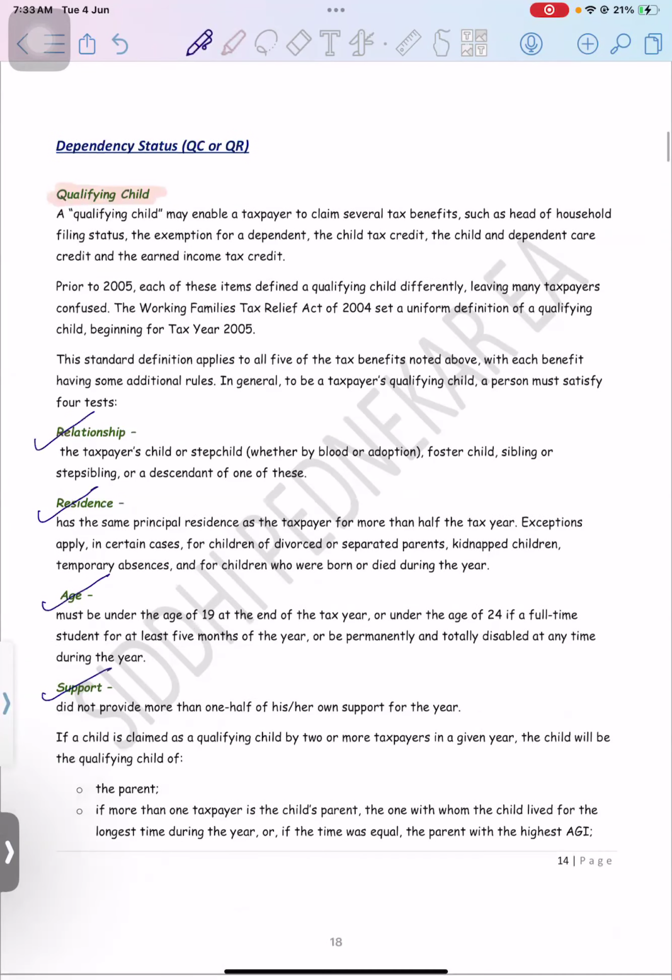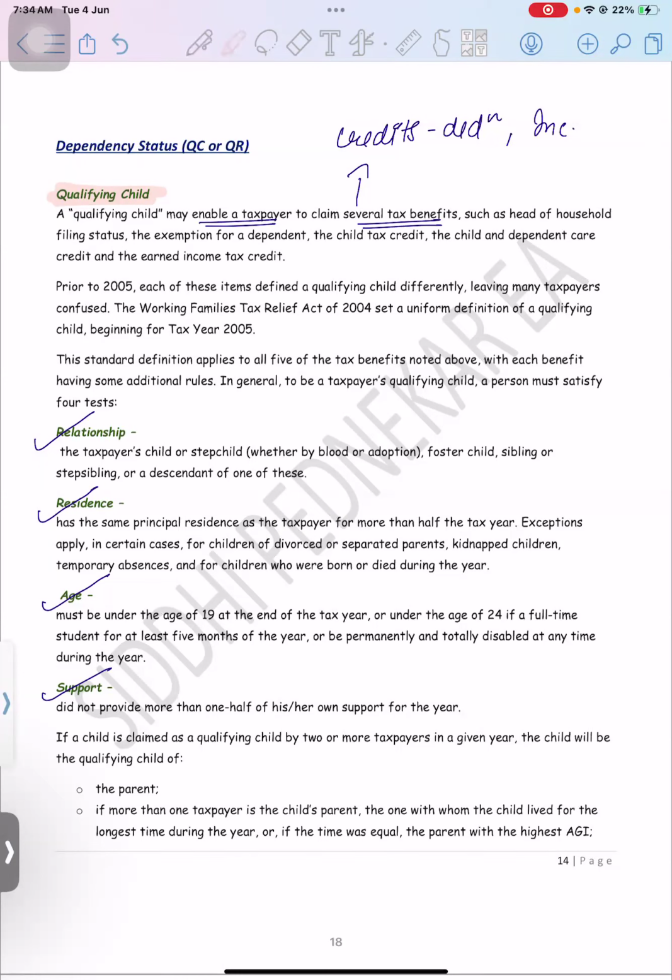A qualifying child may enable a taxpayer to claim several tax benefits. You will see in the credits chapter, in some deductions, in some income exclusions, that if you are spending some of your earned income on your child or a relative who is a qualified dependent, the person should fall under the definition of qualifying child or qualifying relative. Then only you can claim the credits.